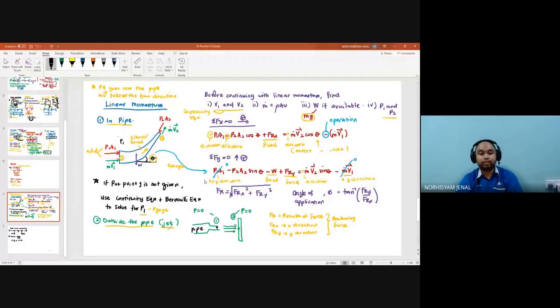Correct. So the combination of P1A1 and m dot V1 is the force coming from your input, and P2A2 and m dot V2 is the combination of force at the output.